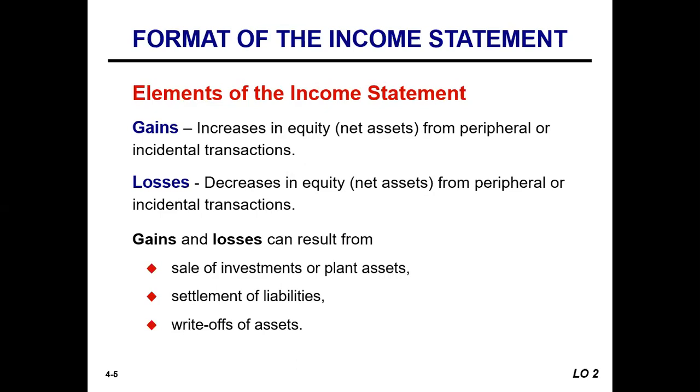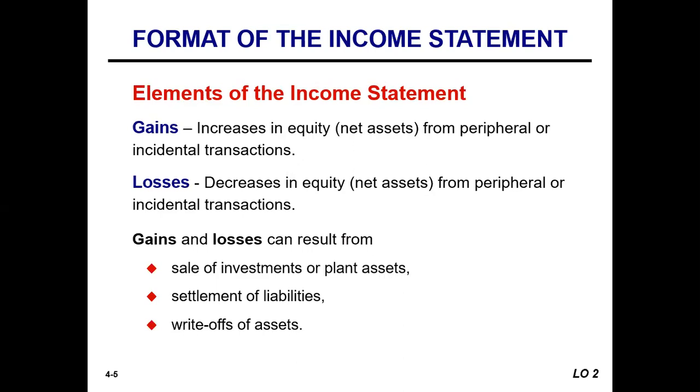So remember, gains are increases in equity from peripheral or incidental transactions. So peripheral or incidental meaning not in the normal course of business, not in our normal operating functions of business, but outside of our normal operations, right?